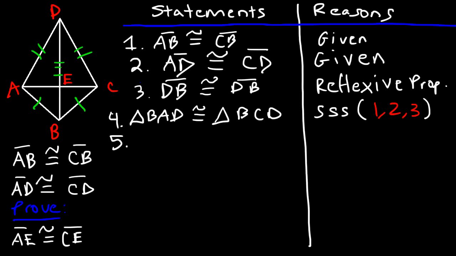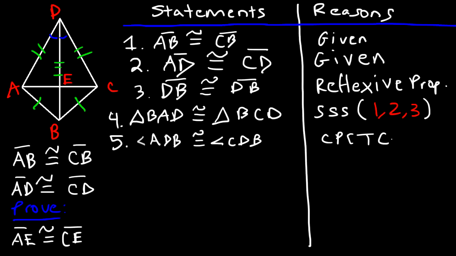Now, because triangle BAD and BCD are congruent, then we could say that this angle is congruent to that angle, and that angle is a part of the large triangle. So let's say that angle ADB is congruent to angle CDB, and we could use CPCTC.